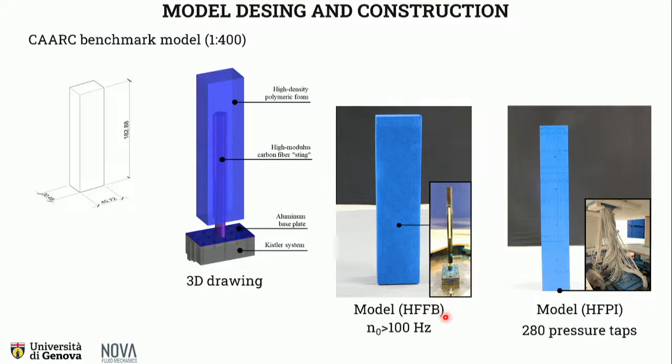For the force balance test, we built a rigid model by the use of a carbon fiber sting, and the model was built using high-density polymeric foam, while the pressure integration model was 3D printed, and it was equipped with 280 pressure taps.